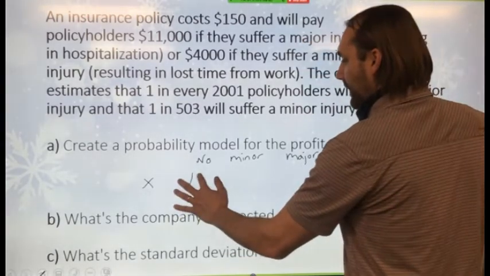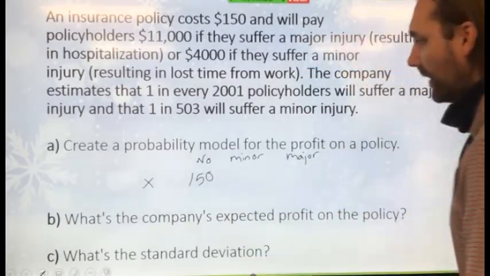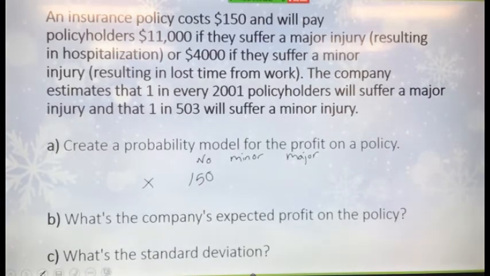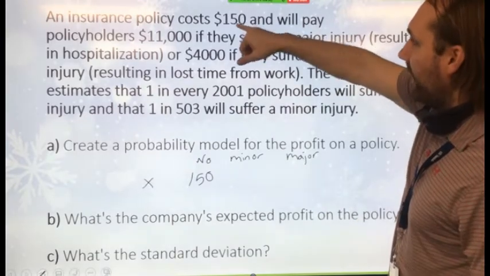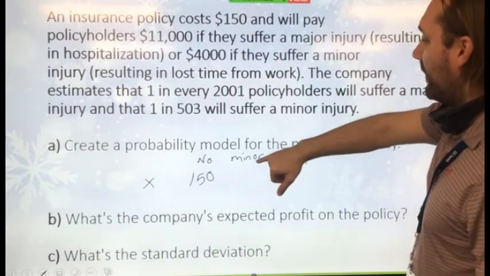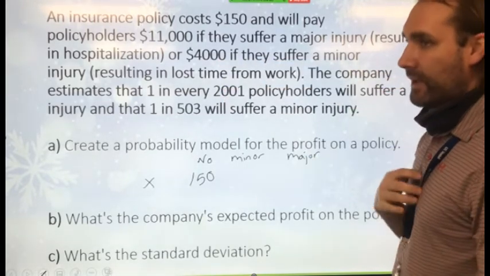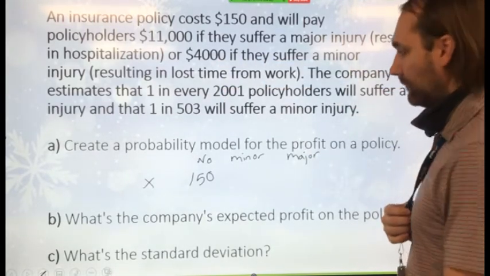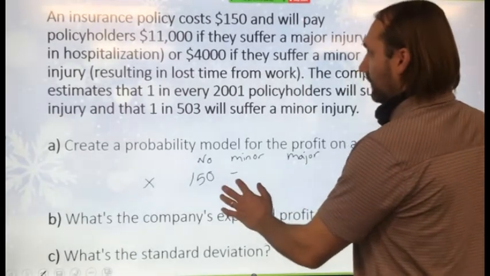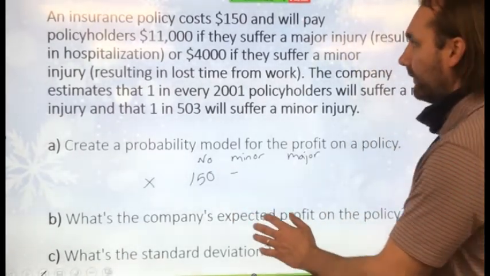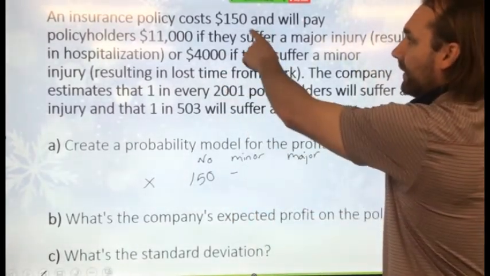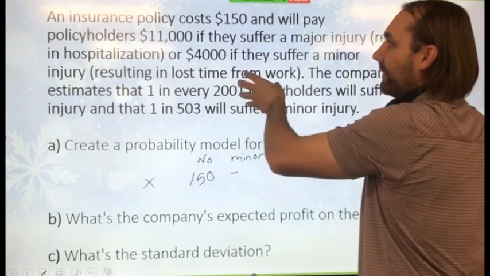So they made $150. They didn't have to pay anything else, so they get to keep that $150 because there was no injury. Minor injury. Somebody paid $150. They got a minor injury, so they had to pay out $4,000. So what was their profit? They lost what?